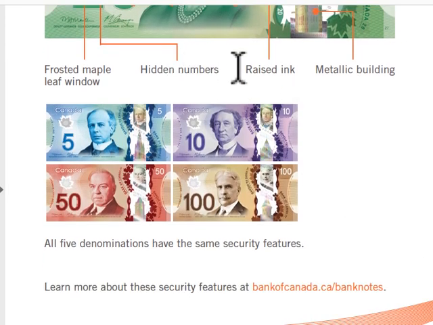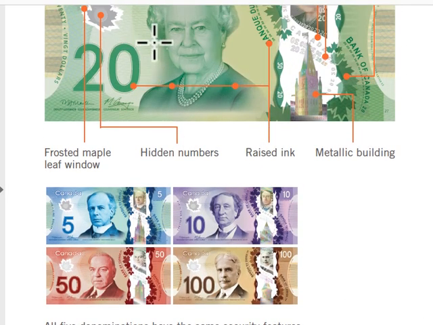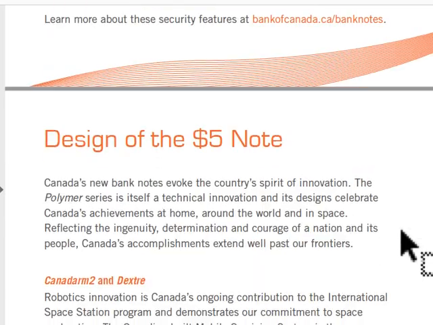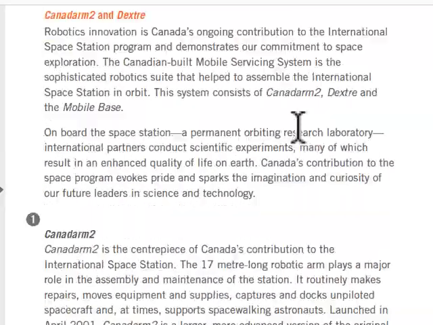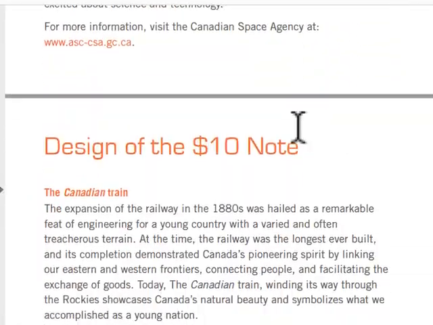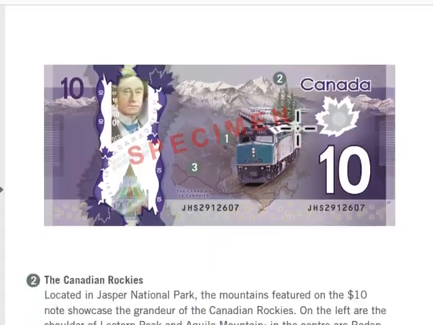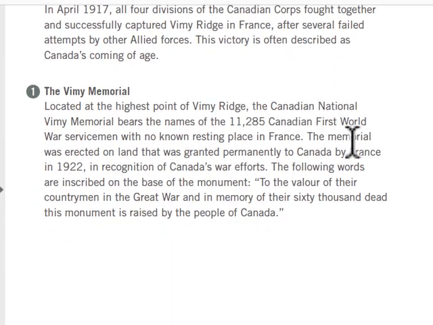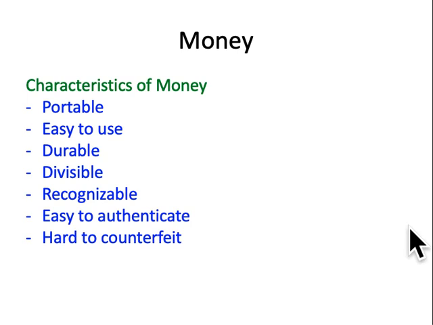All these specific things have to be exact. And maybe even I couldn't tell a counterfeit if it was really well done. But each bill has separate things specific to it that the counterfeiter would have to figure out and know. So it has to be hard to counterfeit. An easy to counterfeit thing is not going to be very good.